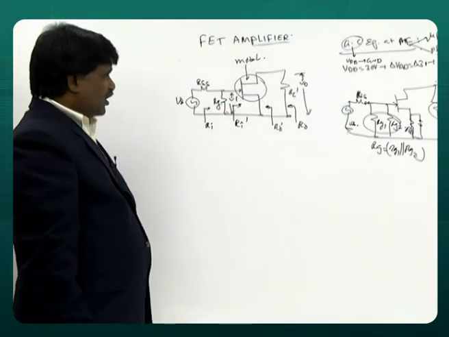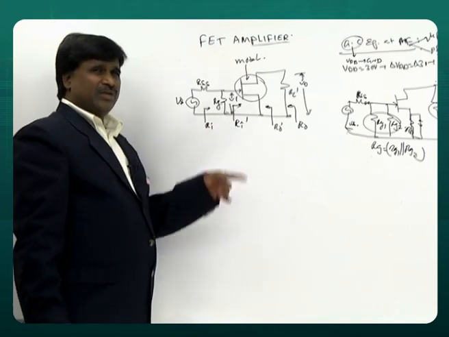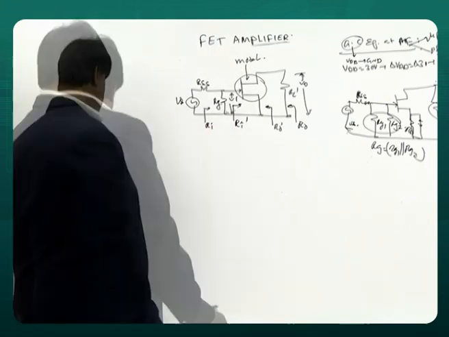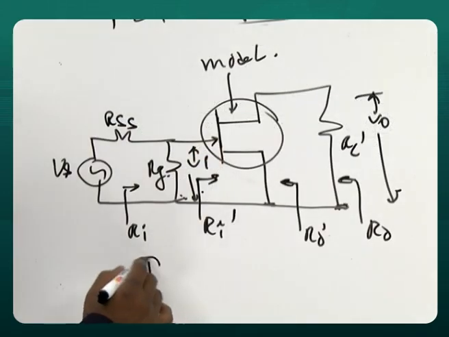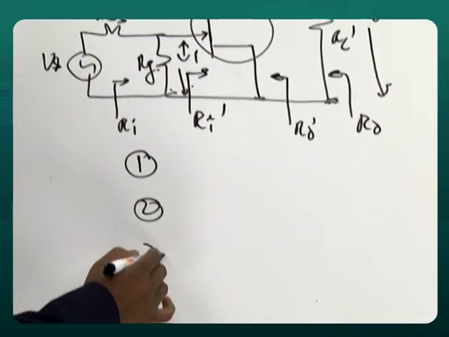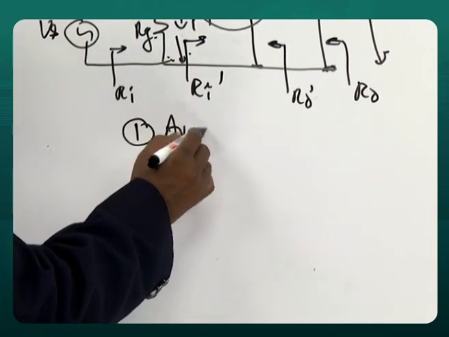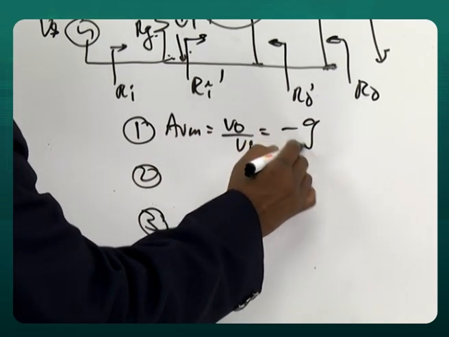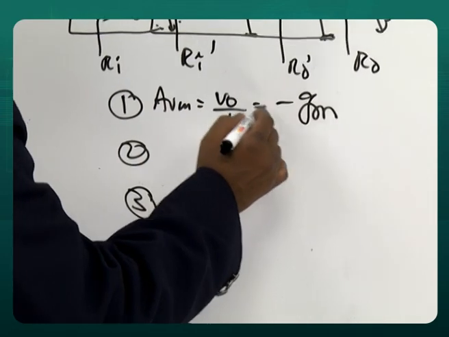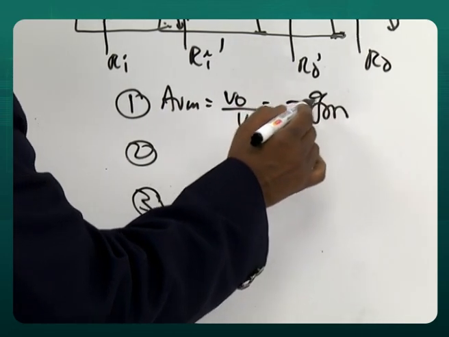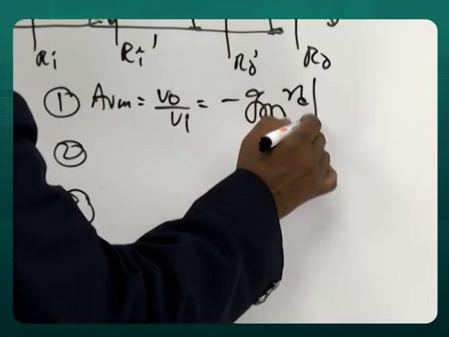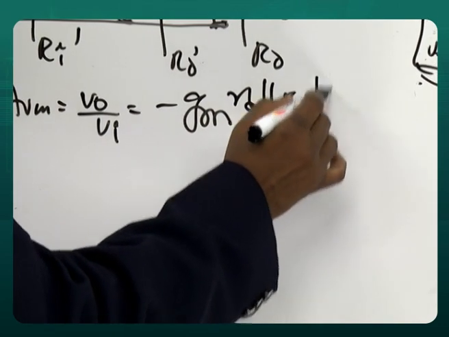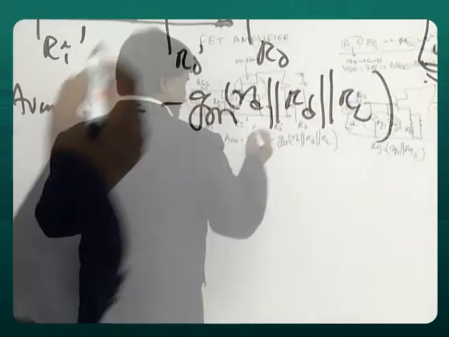This you should replace with the model. That's why I have taught models first and then going for analysis. And how are the expressions going to come there? If you do the analysis, V0 by Vi is minus Gm, small rd parallel capital RD parallel RL.